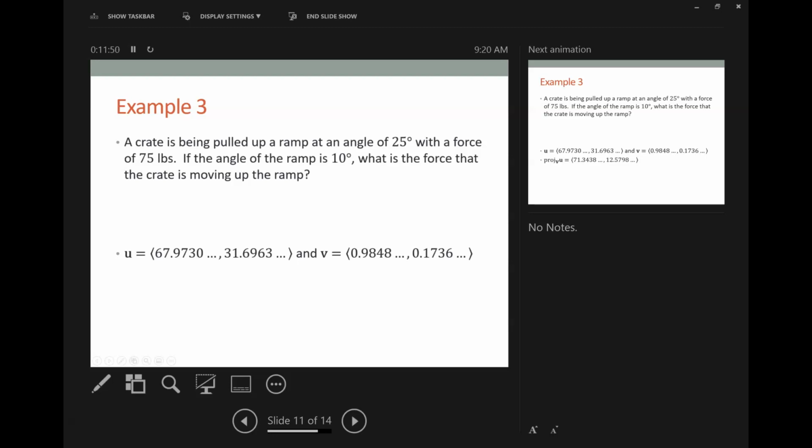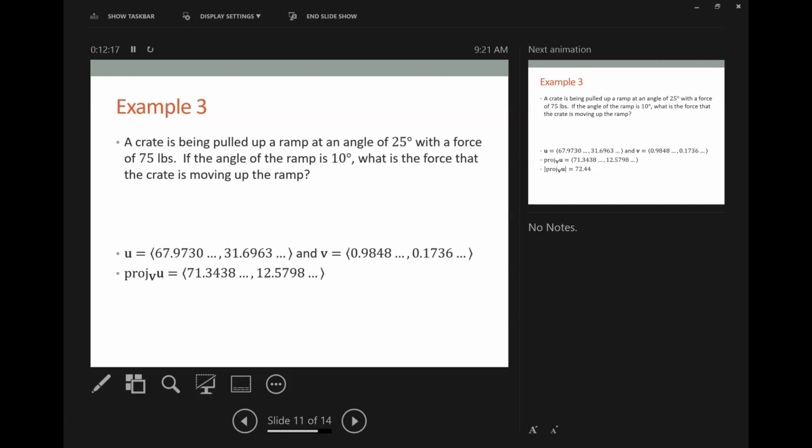No. So we can assume that to be basically 0. So it's not going to make any impact here. So the projection here, how can I find the magnitude really easily? Just take the dot product, because the magnitude of v, the ramp, we would have chosen to be 1.